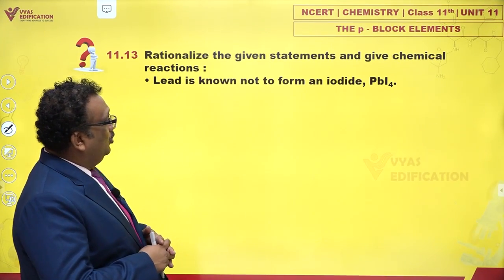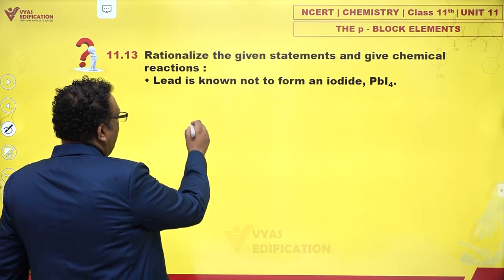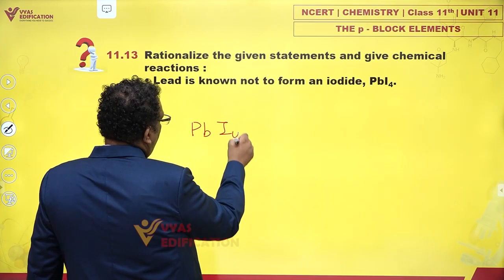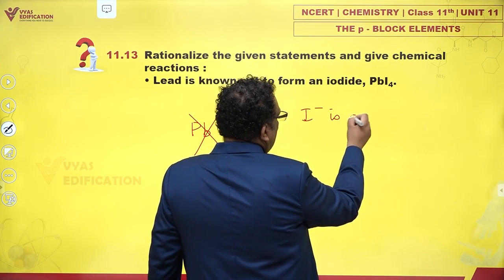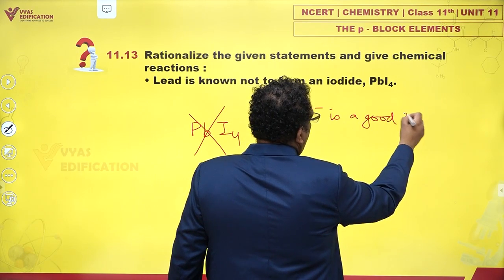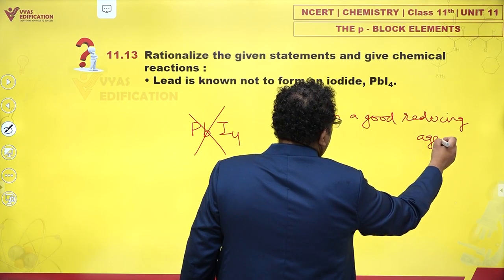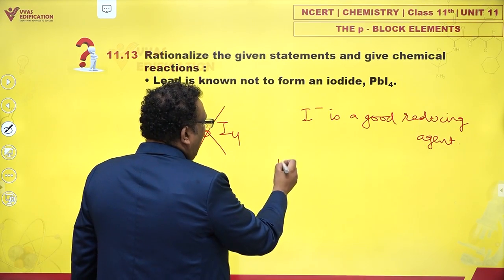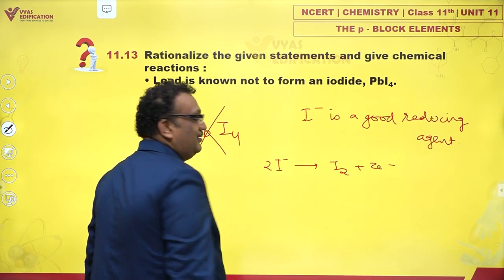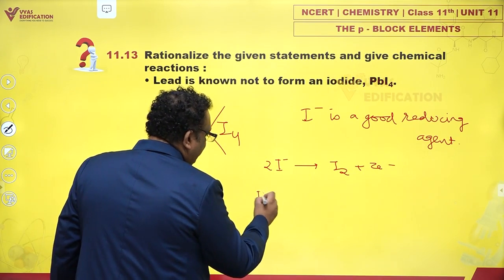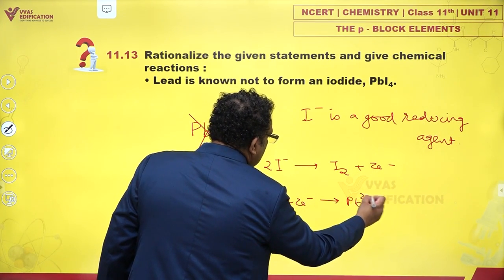Lead is not known to form PbI4. Why is PbI4 not formed? Because I- is a good reducing agent. I- is very easily oxidized to iodine. And lead +4 is a very powerful oxidizing agent. It is very easily reduced to +2.